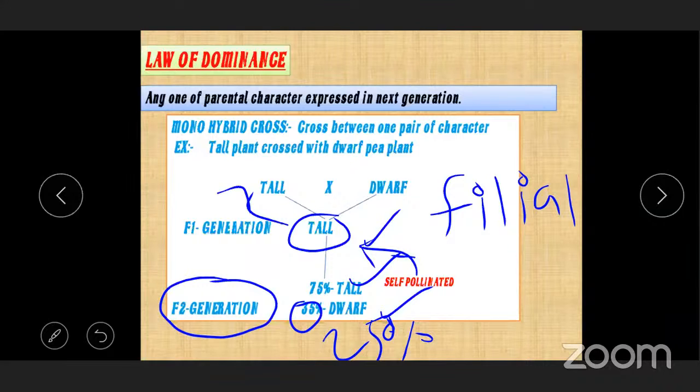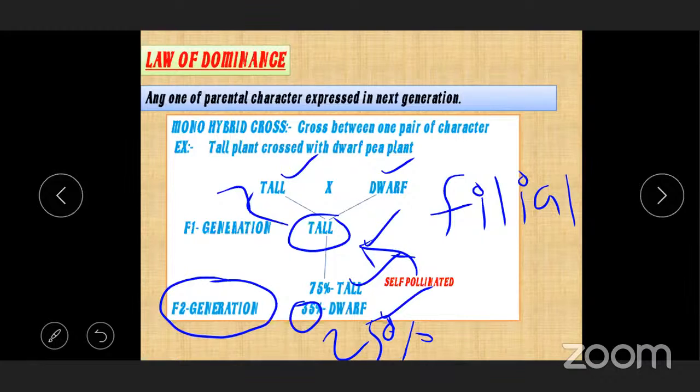So here, tall and dwarf, both characters are present in the parents. Is there any other character apart from tall and dwarf? No other character in the next generation.